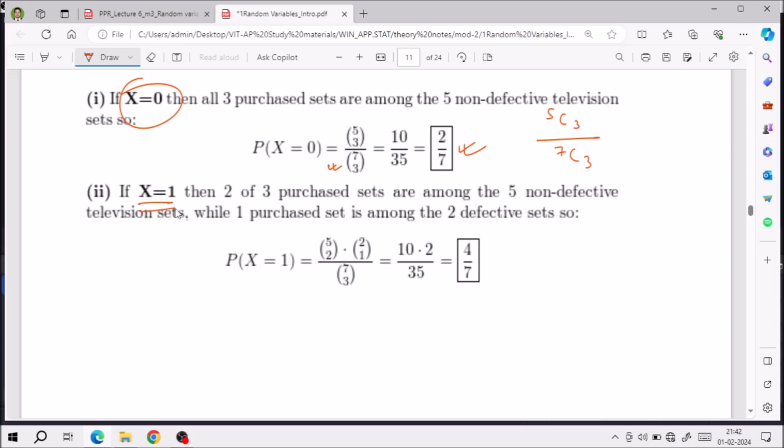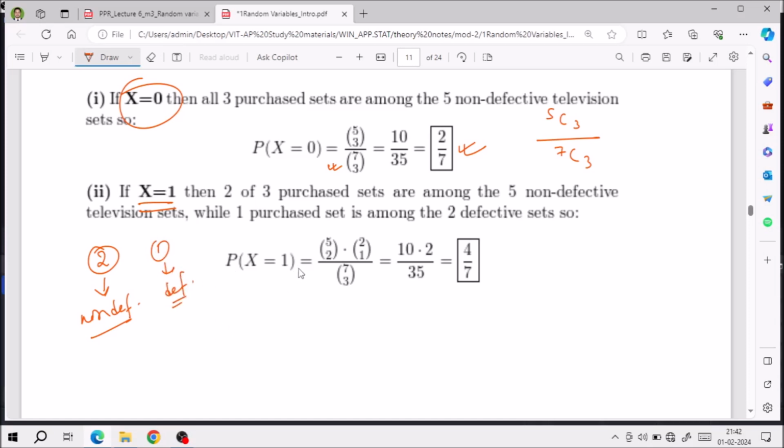If you do this calculation, you will get 2 by 7. Similarly, one defective means what? The hotel ordered 3 sets, so 2 sets will be non-defective and one will be defective.